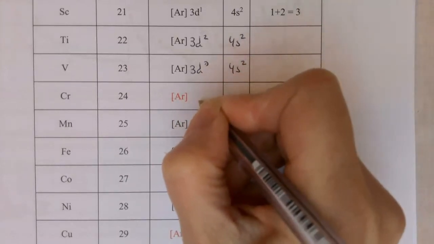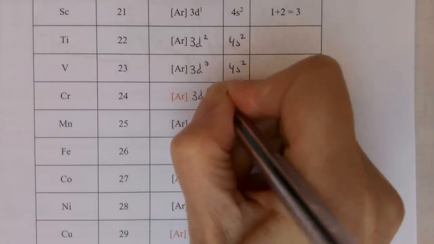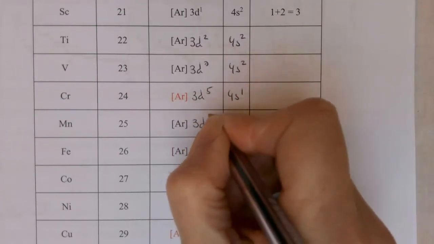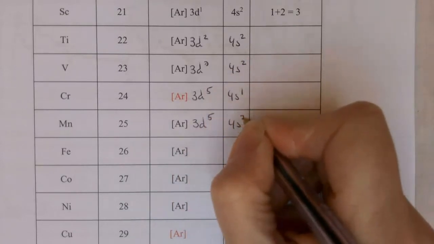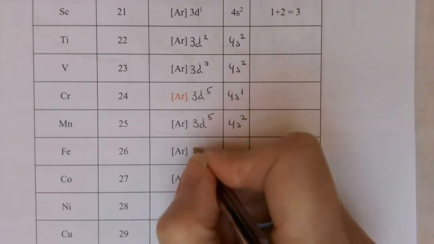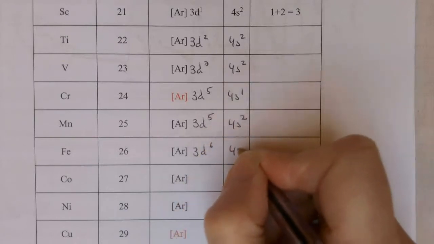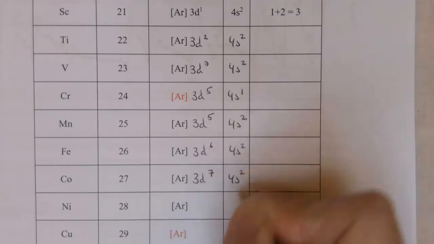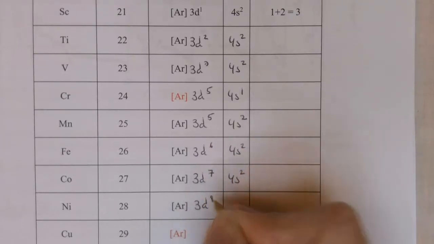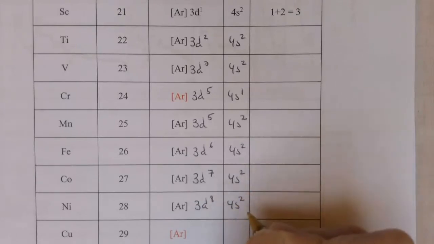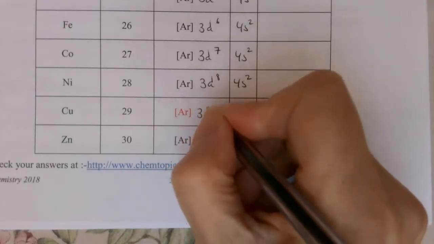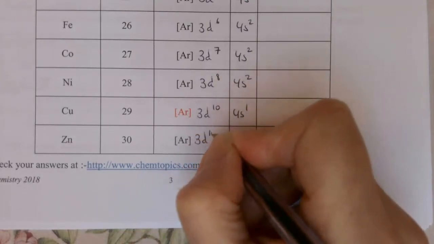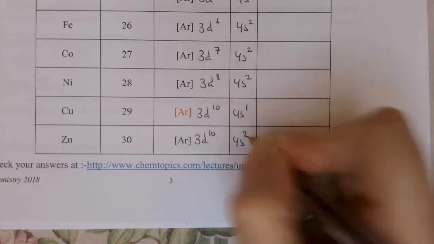Then we have chromium, which is 3d5, 4s1, and then manganese, 3d5, 4s2, and then we'll go on as normal, 3d6, 4s2, 3d7, 4s2, 3d8, 4s2, and the last two again, 3d10, 4s1, and again 3d10 this time, 4s2 for zinc.